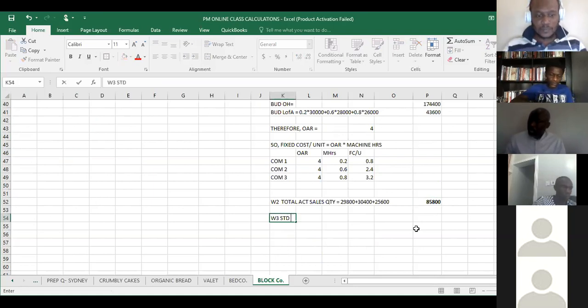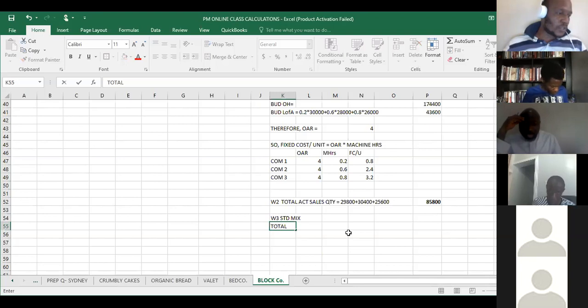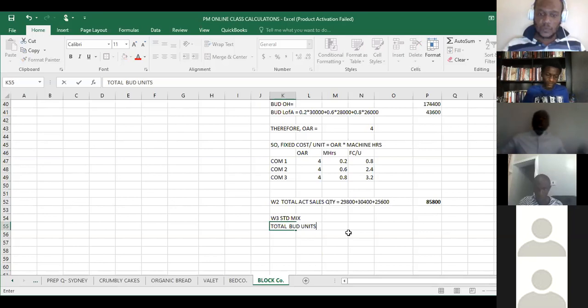First of all, we need our total budgeted sales units for the standard mix, not the total actual. Our total budgeted sales units will be equal to 30,000, 28,000, and 26,000.